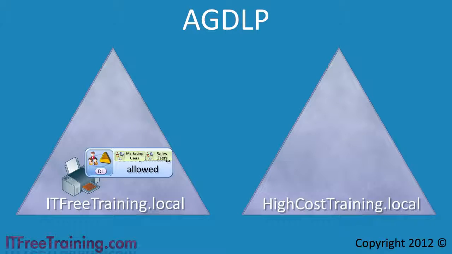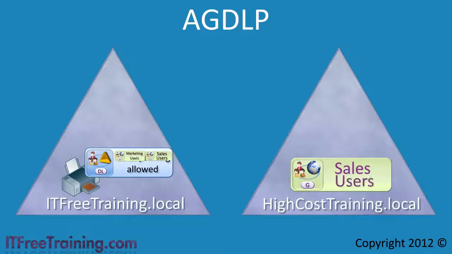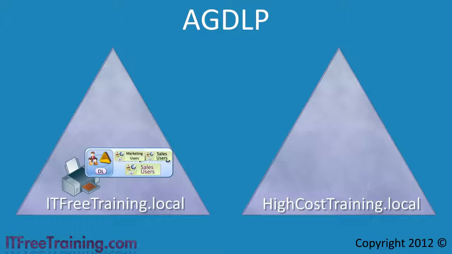If you wanted to provide access to a user or group from another domain, the only place this could be added would be in the domain local group. Following the strategy, let's say that the sales global group from the high-cost training domain is added to the domain local group that controls color printing access.